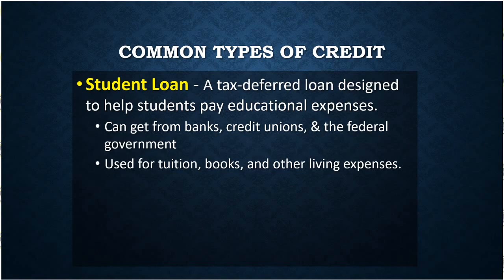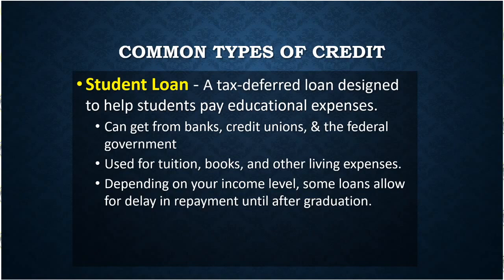It could also be used for other things like a laptop computer to take your classes. So they're not very strict on what kind of living expenses you have. Now, it does have to be legal things, and it does have to go toward your school living expenses. So if you take your student loan and go out to the casino, then they'll probably look down on that and make you pay it back sooner.